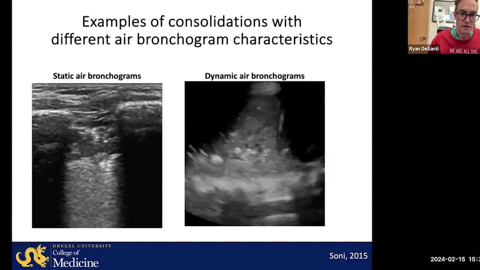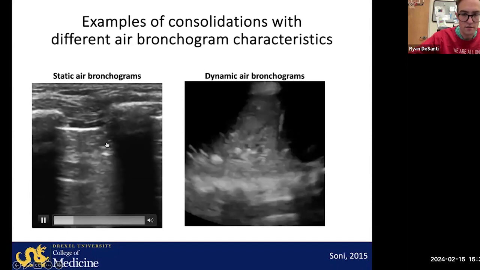And so you can have static air bronchograms, which do not have air moving in and out of them. These bronchograms will tend to move with the lung as it slides inferiorly and superiorly, as compared to dynamic air bronchograms, which will appear to be moving at a different rate than the lung, because they're caused by fluid within the bronchus, which is moving at a different rate compared to the lung.